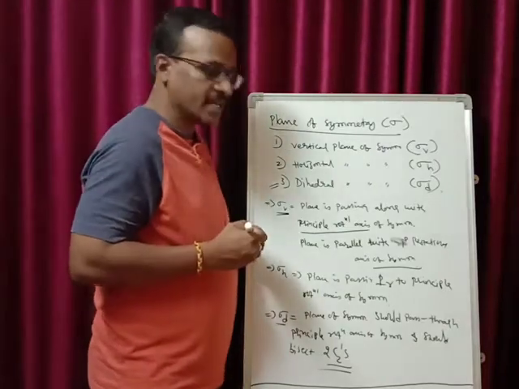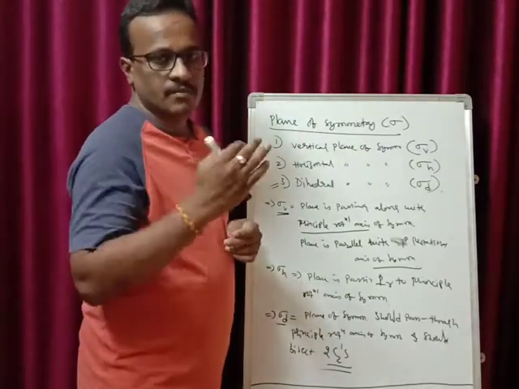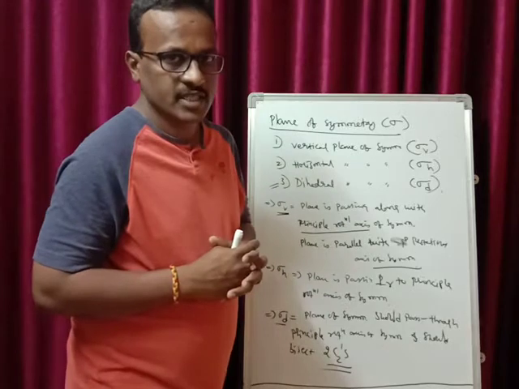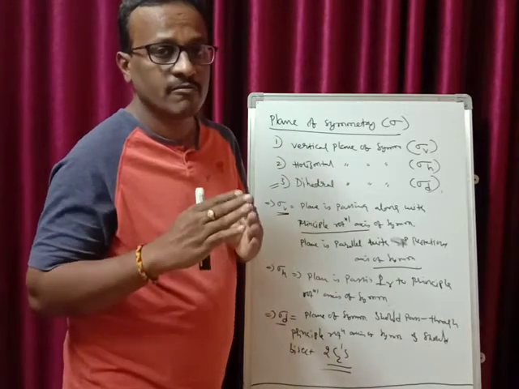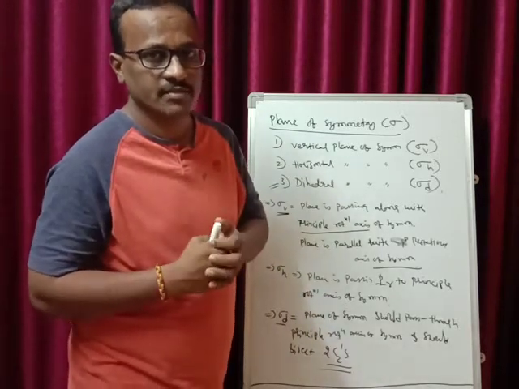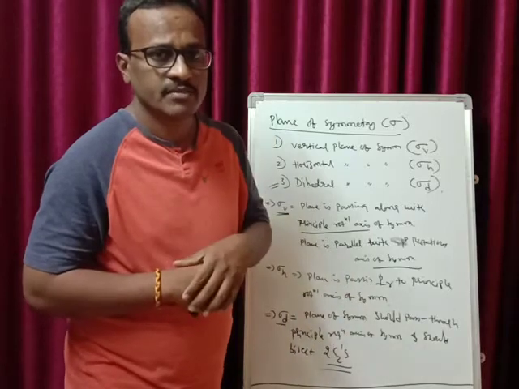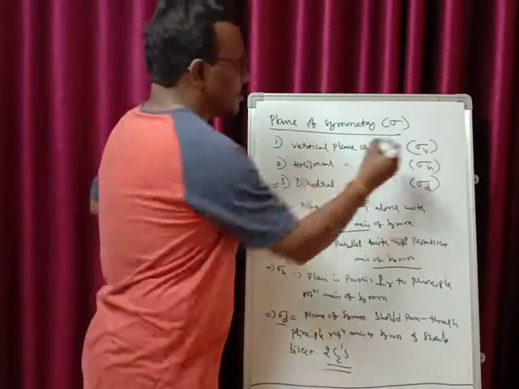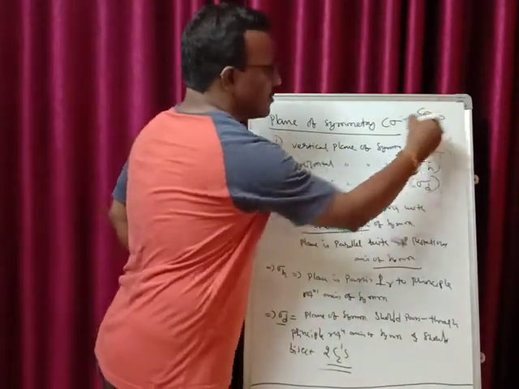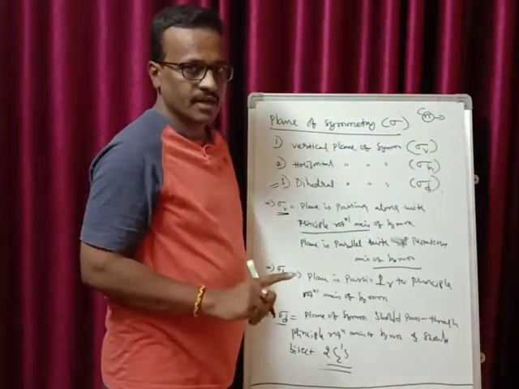The principal rotational axis of symmetry is that whenever a molecule has more than one type of rotational axis of symmetry, the rotational axis of symmetry with highest Cn value, highest n value will become the principal rotational axis of symmetry. That is the first condition.